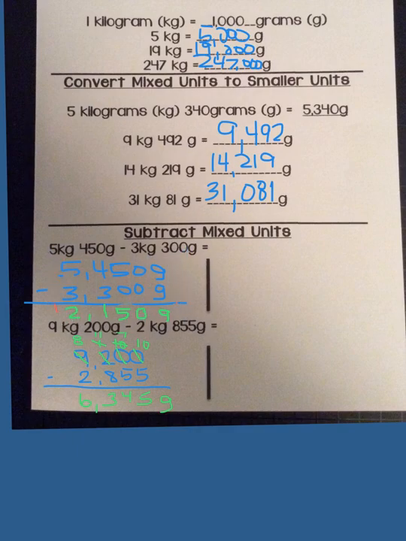So let's set the problem up where we have 5 kilograms and 450 grams minus 3 kilograms. We have to keep the kilograms above the kilograms and the grams above the grams.